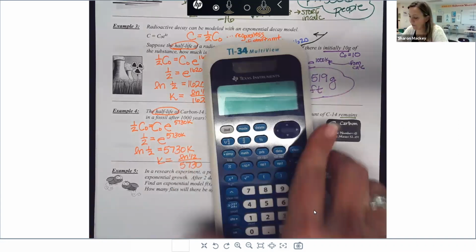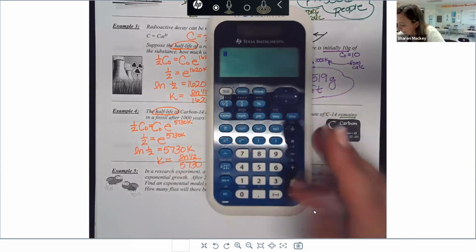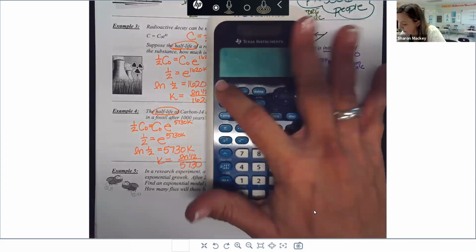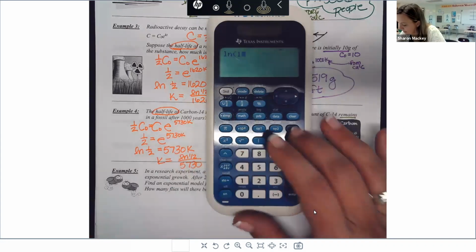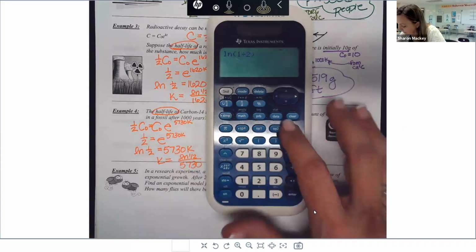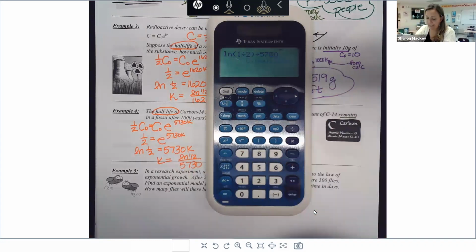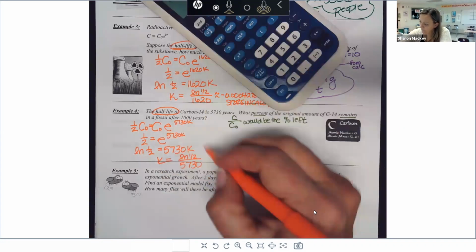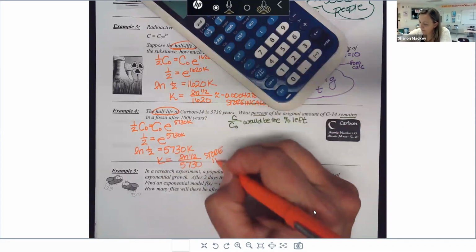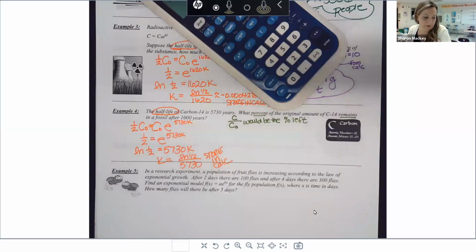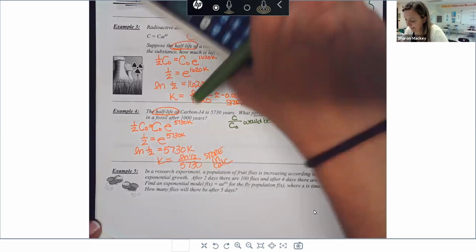So once again, I would just go to my calculator and type in the natural log of 1/2 divided by 5,730. And this is my K value. I'm not even going to write it this time. I'm just going to store it in the calculator. And so the percentage left would be C over C sub 0.